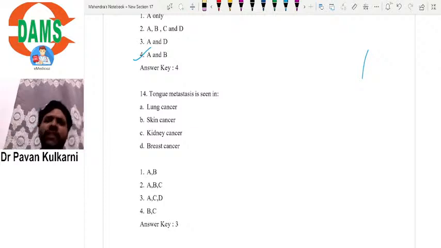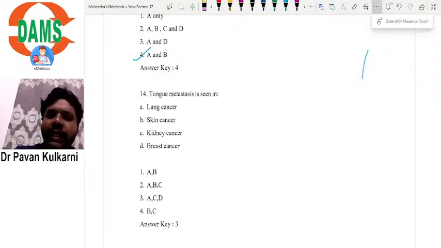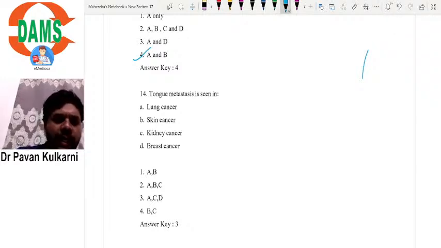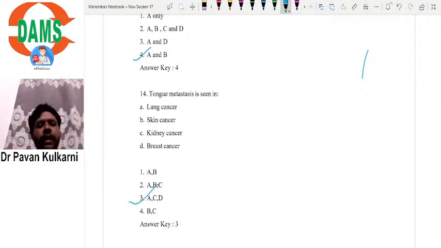It is locally invasive. So the correct answer is ACD, that is, lung cancer, kidney cancer and breast cancer can spread to the tongue.